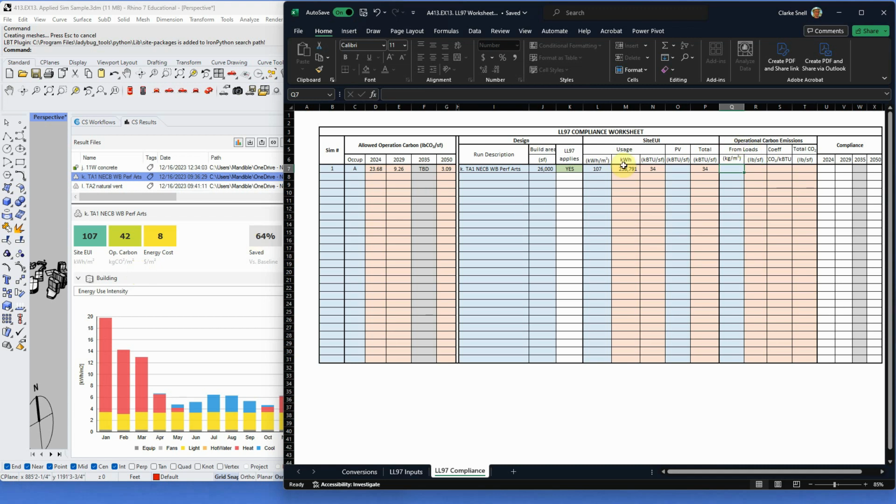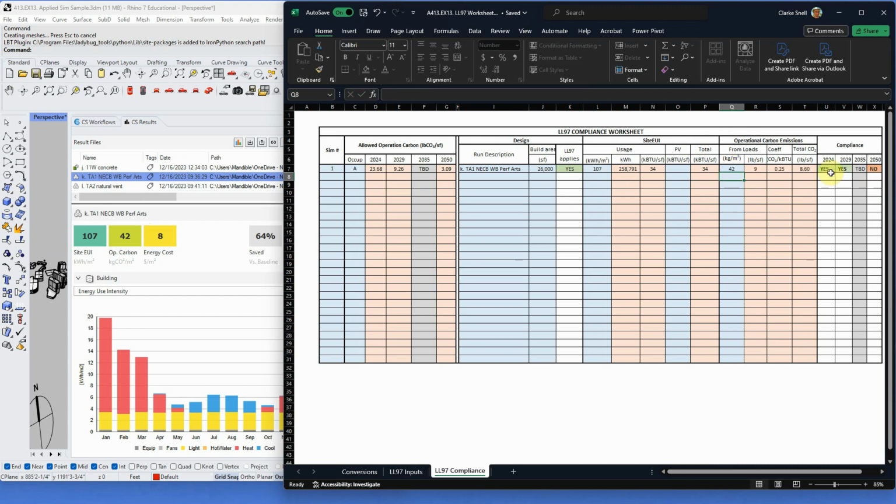So if we know that 10% of this number is fuel oil and 40% is coal combustion from electricity, we can get an output for carbon. You don't again need to understand that, just realize that we've converted from our energy usage to our carbon footprint, and that's 42 kilograms of CO2 per meter squared.